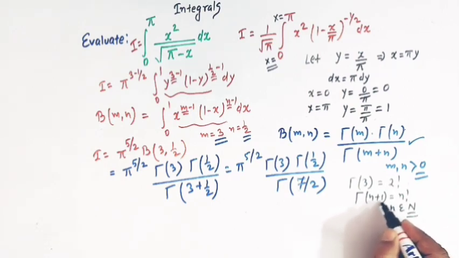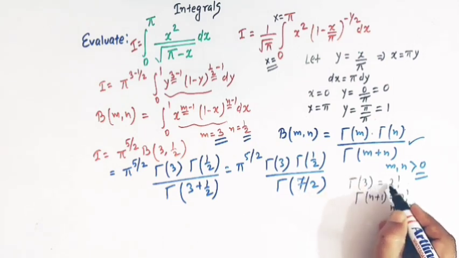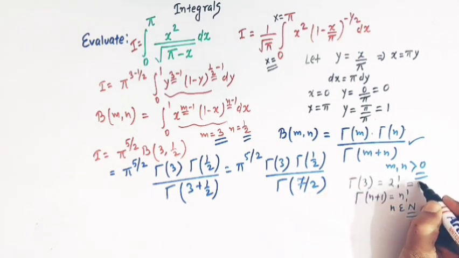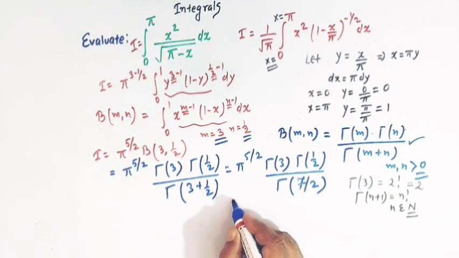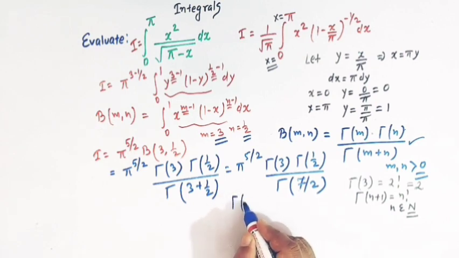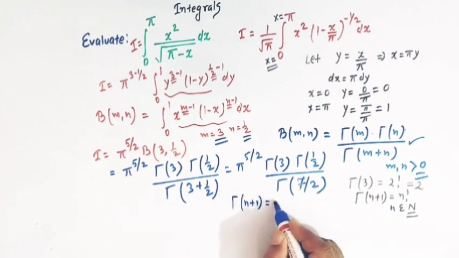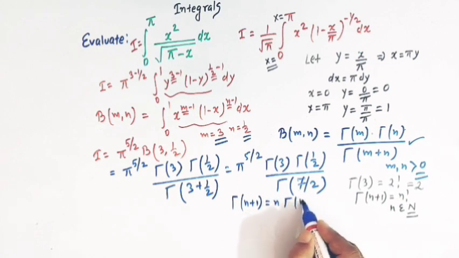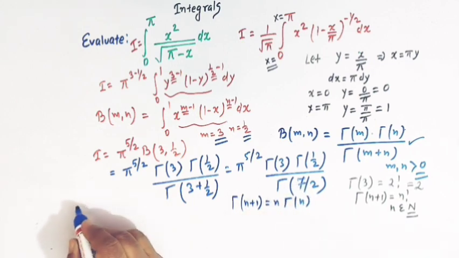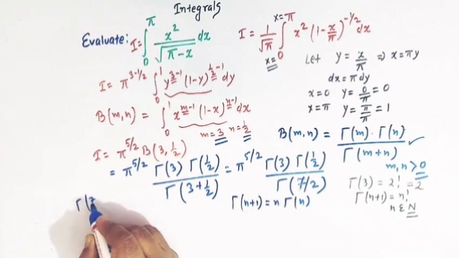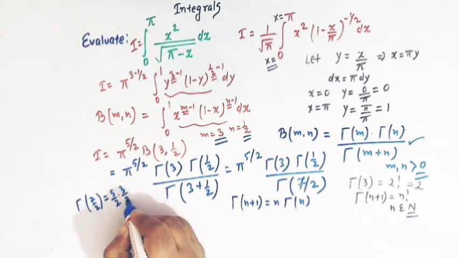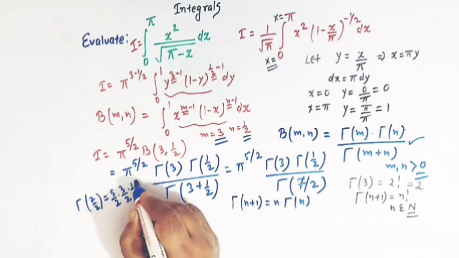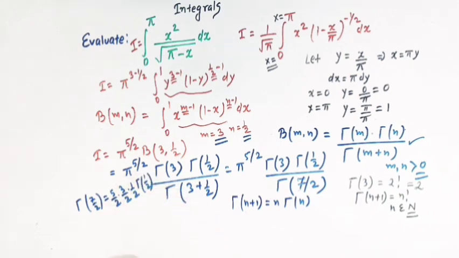So using this relation, we have gamma of 3 is equal to 2 factorial, which is equal to 2, right? And using an important relation, that is gamma of n plus 1 is equal to n times gamma of n, we can write gamma of 7 by 2 as 5 by 2 times 3 by 2 times half, and then we have gamma of half, right? Due to this result.